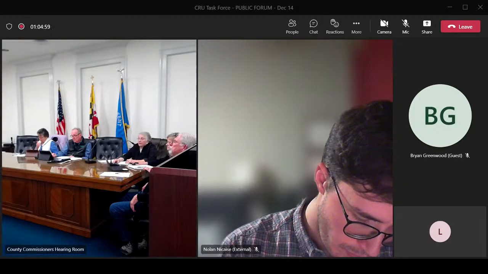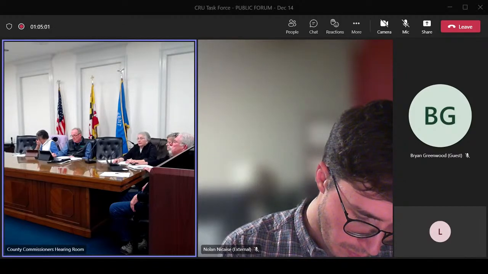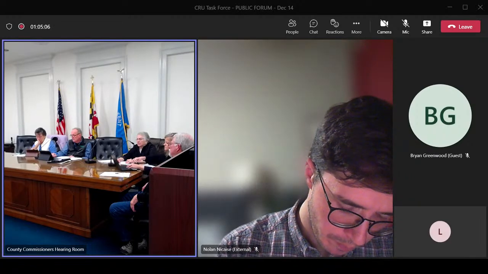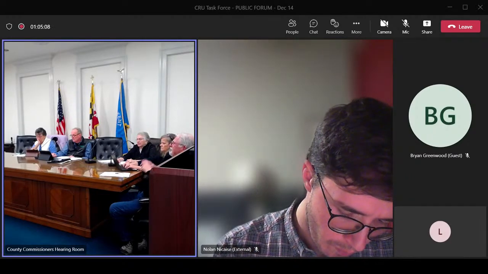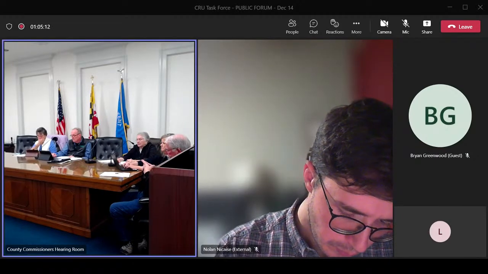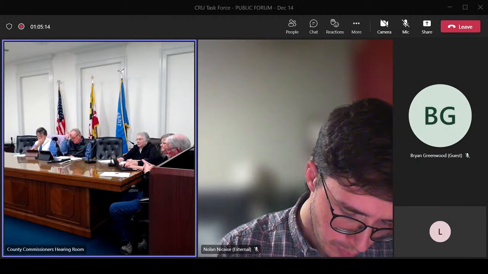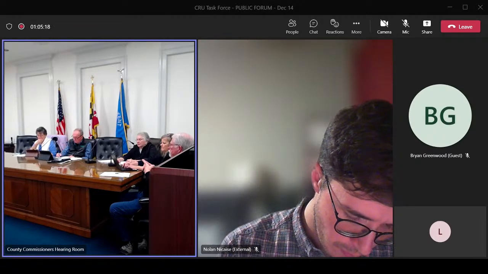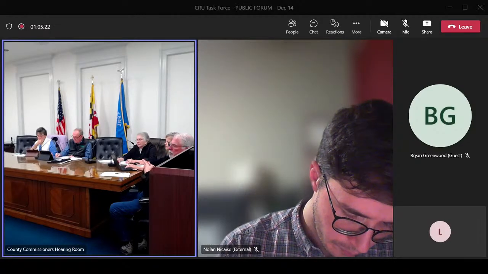The diagrams to me look like some suburban neighborhood over in Annapolis. They don't look like Kent County. It doesn't look like anybody spent any time trying to make it specific to Kent County and the way that Kent County looks. And I also don't think it gives you much information at all other than just being pretty pictures.